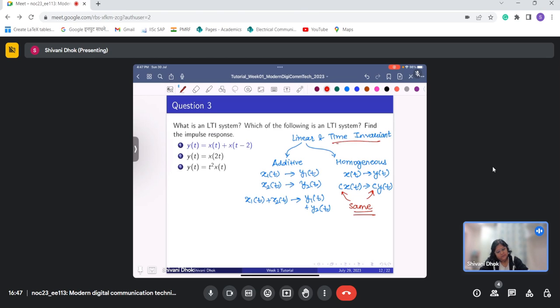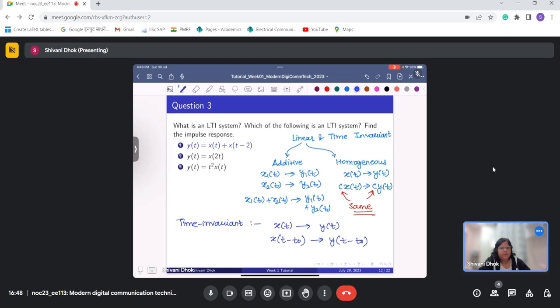And another thing is time invariance. So what does this mean? If x(t) is an input and it gives an output y(t), now if I give the same input after t naught seconds, that is after some delay of t naught, then I should get the same output with an equal amount of delay.